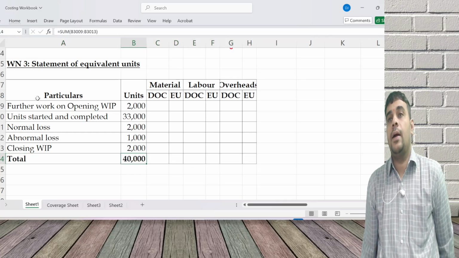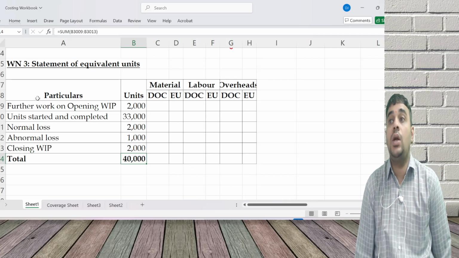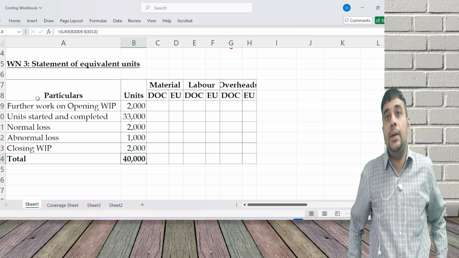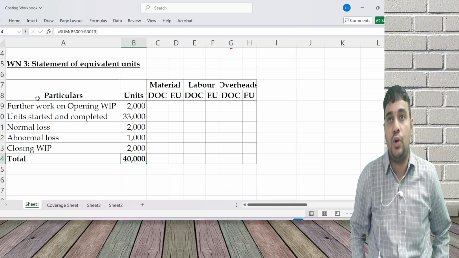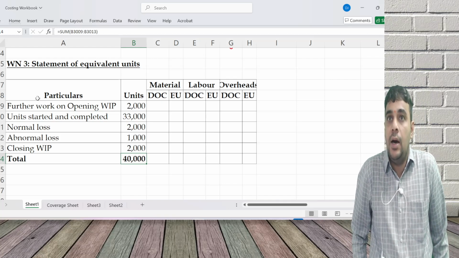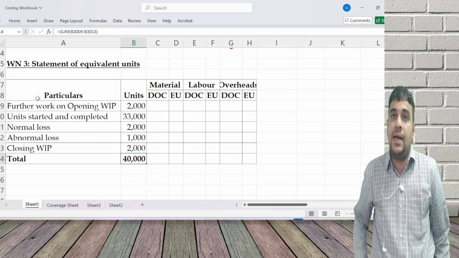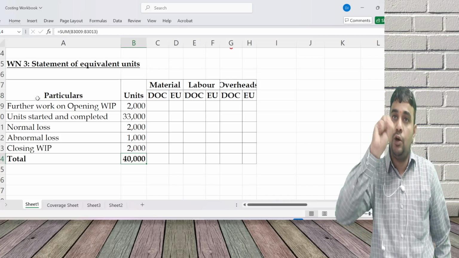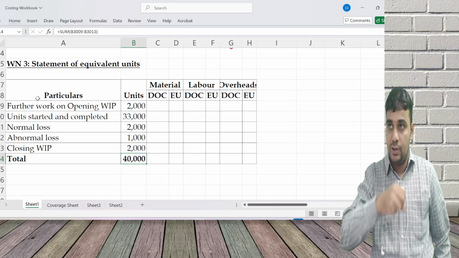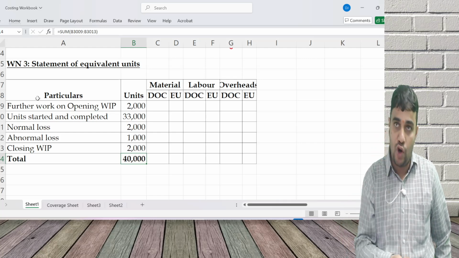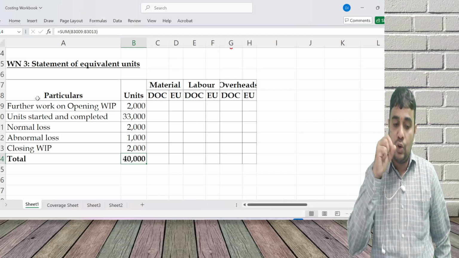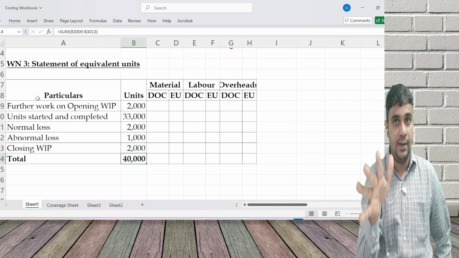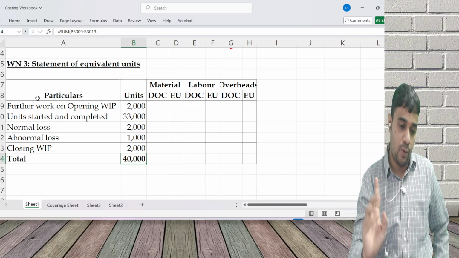This number has to match total input of the earlier working note. What indirectly has happened is I had a total input of 40,000. What did I do with that 40,000? In that, 2,000 was opening WIP, 33,000 was started and completed, 2,000 is normal loss, 1,000 is abnormal loss, closing WIP is 2,000. In the earlier method, we were just dividing by expected units.